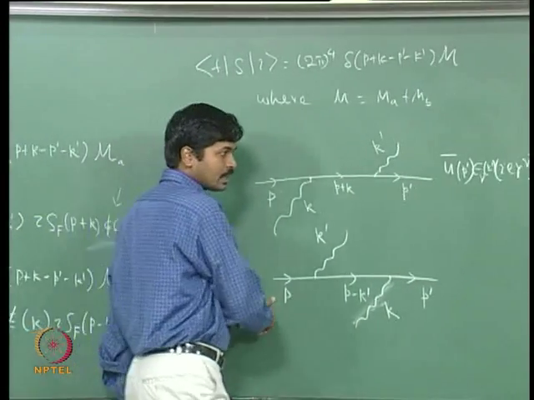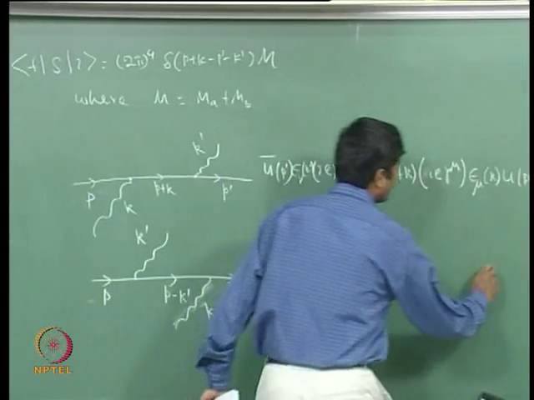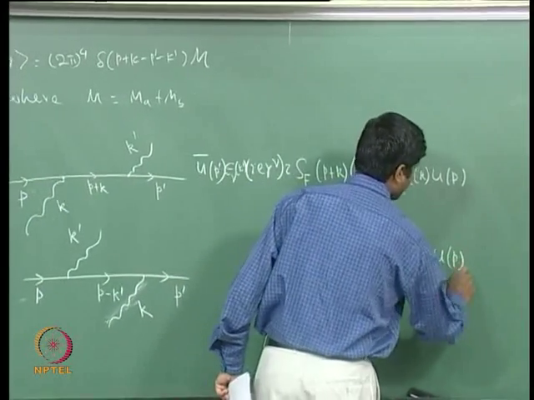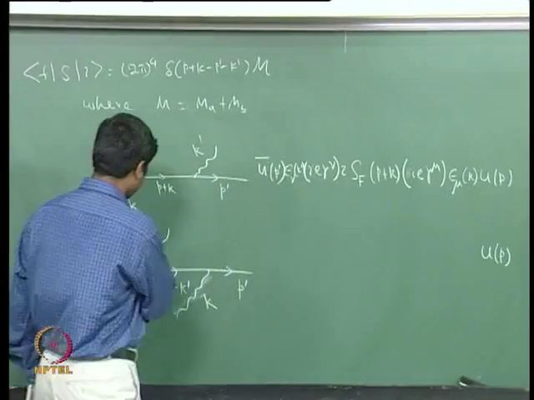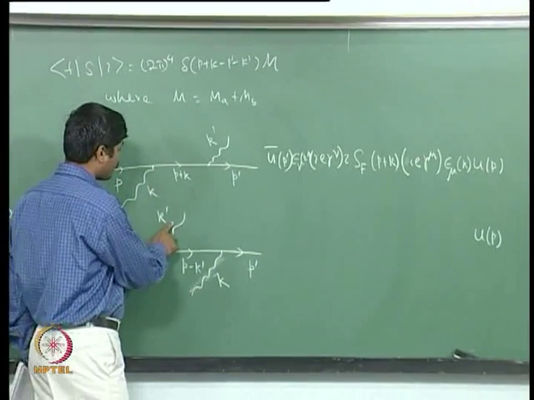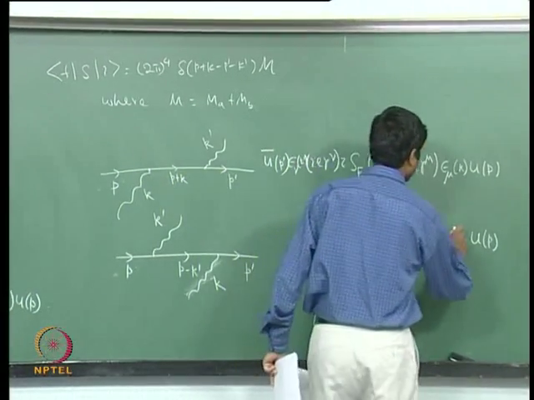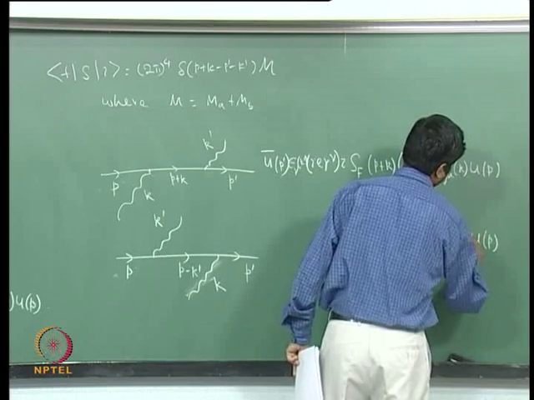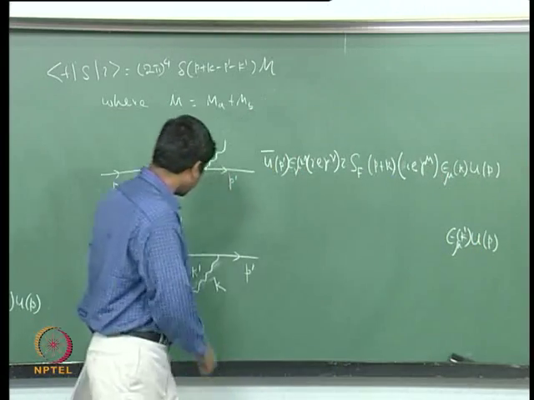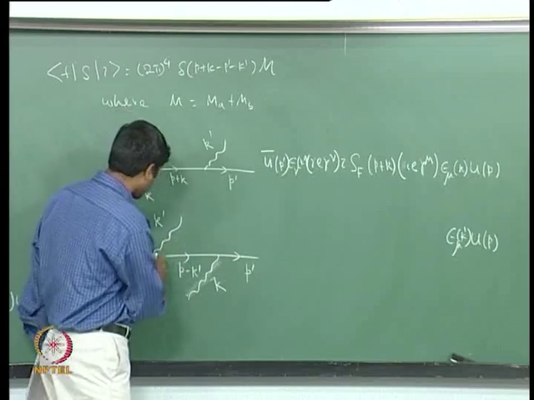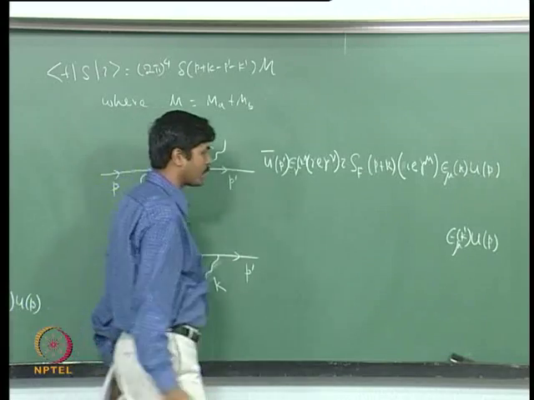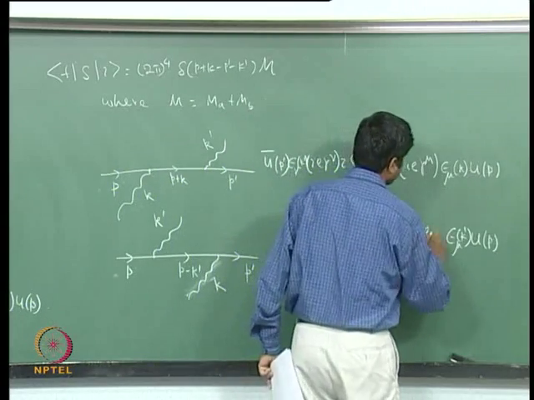This will tell us that you have a u of p for the incoming electron, you have epsilon mu of k prime for the outgoing photon here, and then there is this interaction vertex for which I will write i e gamma mu.